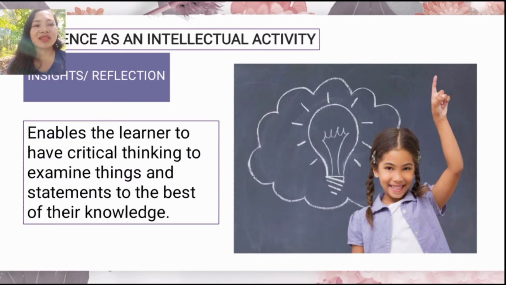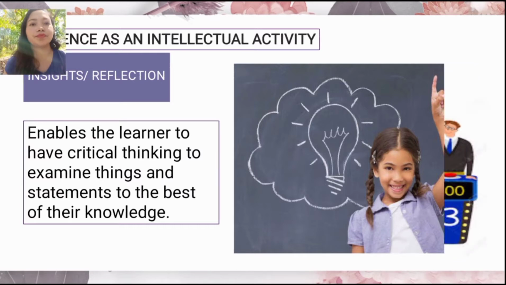So when you say intellectual activity, this refers to how their brain works. Of course, in order to test their intellectual capacity, we have to give them different activities to determine if they really have learned something from what you have taught them.